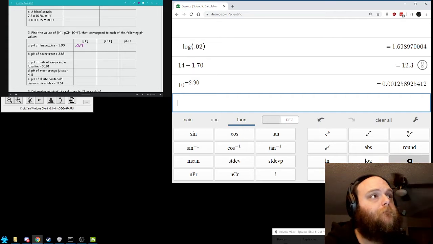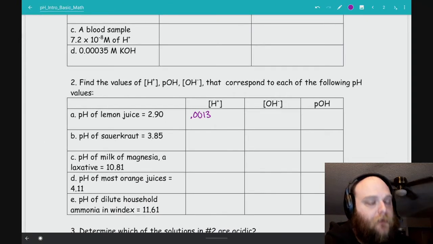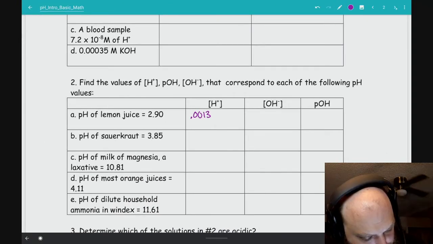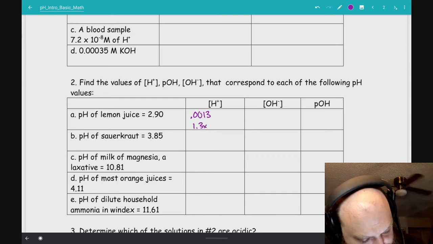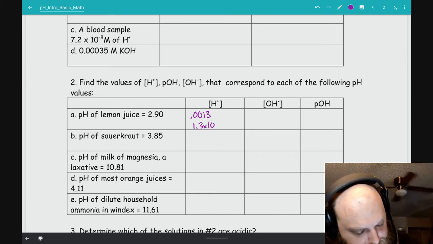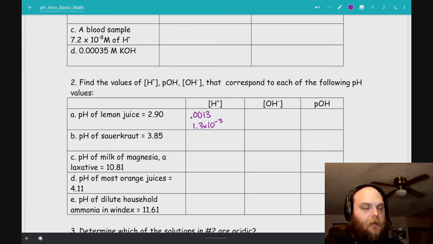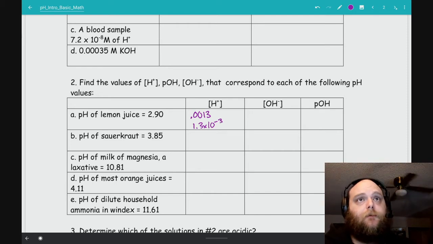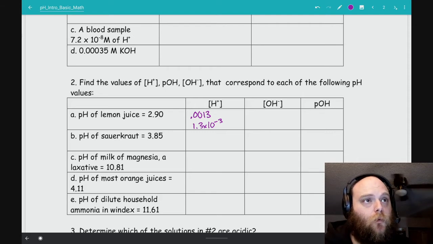If we wanted to put that in scientific notation, so it's a little bit better, we could do that. 1.3 times 10 to the negative 3. That's the concentration. You don't need to put it in scientific notation if you don't want to.